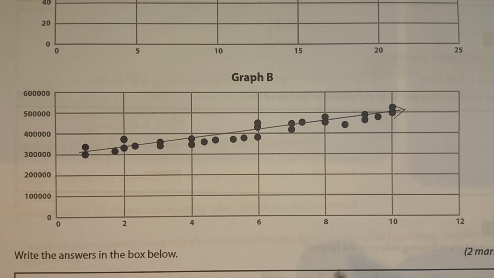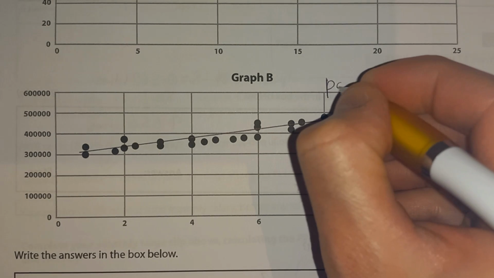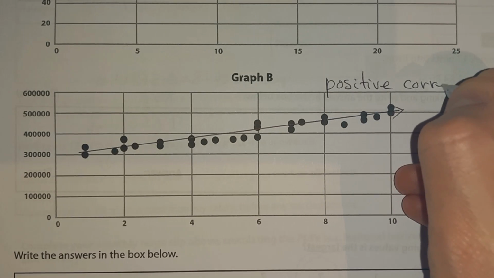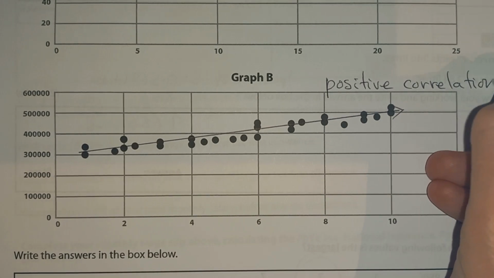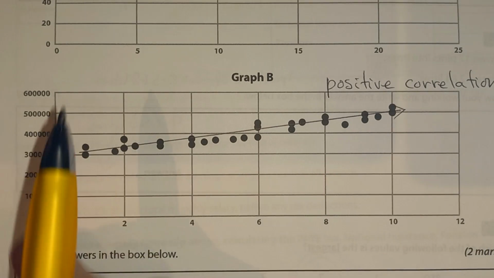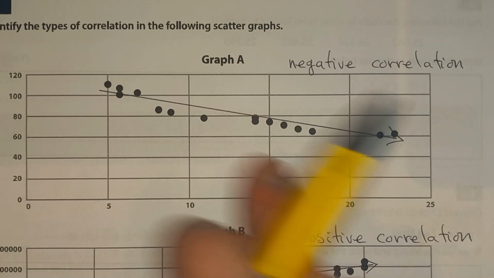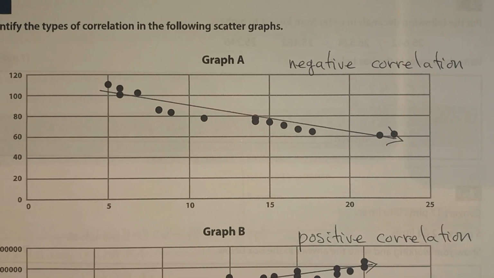It's getting bigger. So this one is a positive correlation. So getting bigger and getting bigger, so going up, positive, going to the right, but sloping down is a negative correlation.